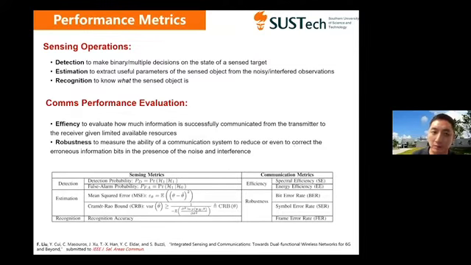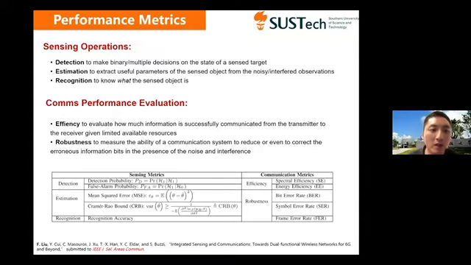For example, localization: the coordinates of the target, the angle, the range, the velocity. Finally, the recognition operation is to know what the sensed object is. And there is of course another operation called imaging, but imaging can actually be decomposed into lots of basic detection and estimation operations. So these are some basic sensing operations.